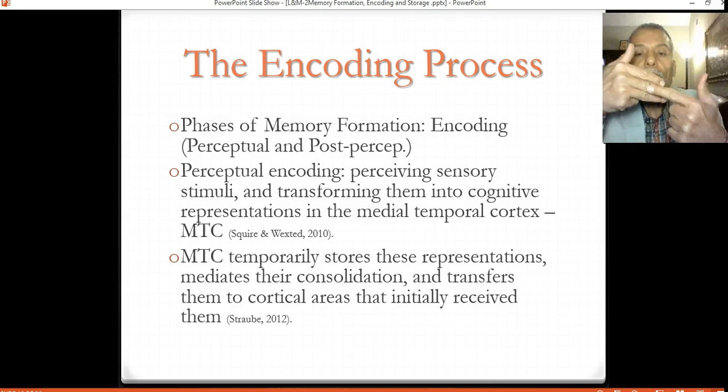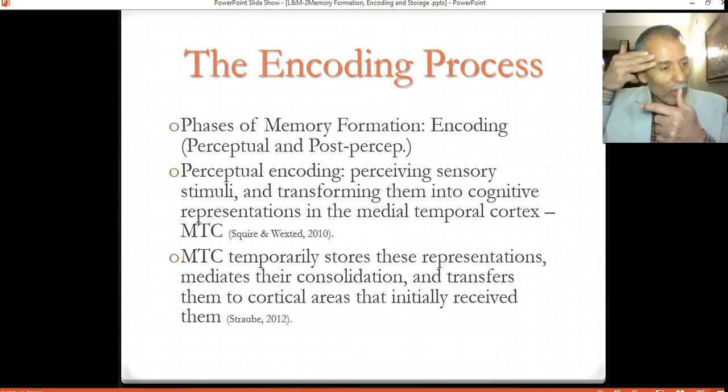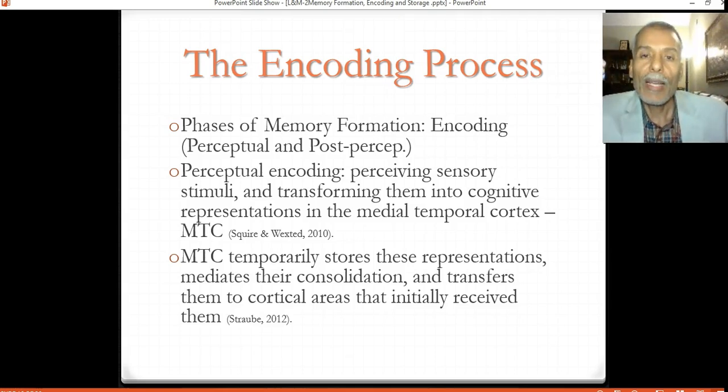And the area on the side outside that you look at is specialized in integrating auditory information, and visual information is also connected to that center as well.